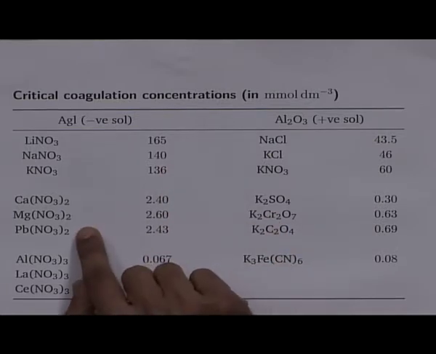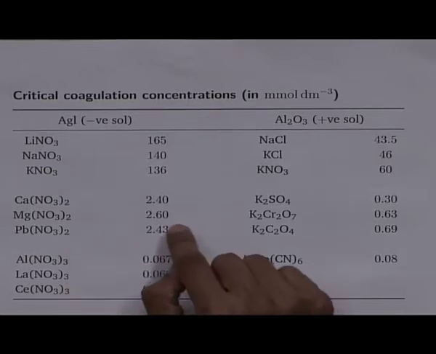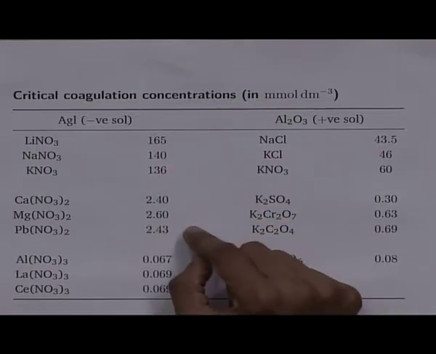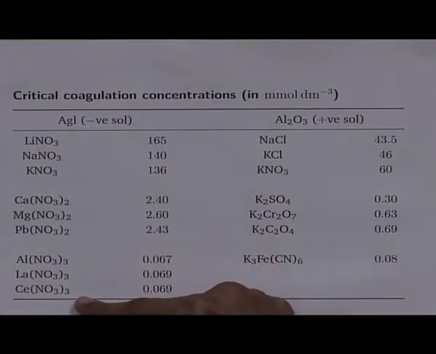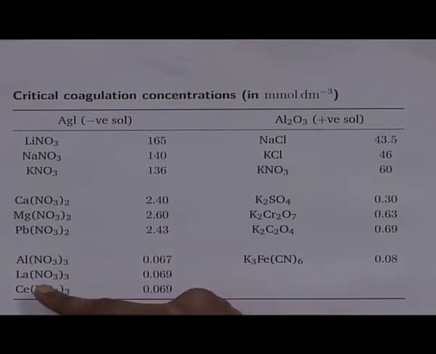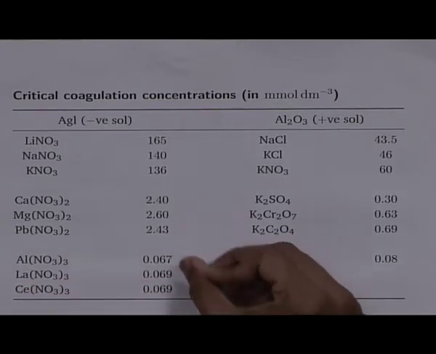When you go to the di-charged species, you require almost 1/100th of what was required here for this to coagulate. And what do you expect if you go to the next one, where I have triply charged positive ions? What you find is that it drops even further.